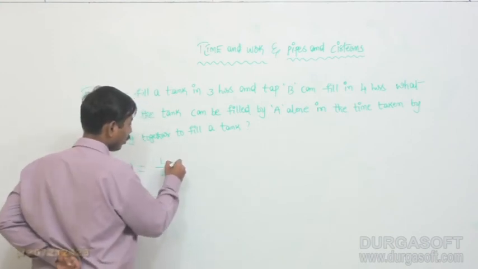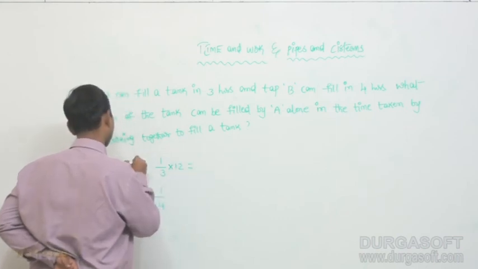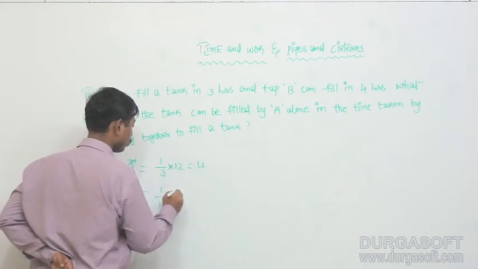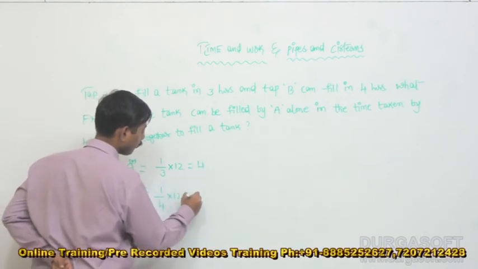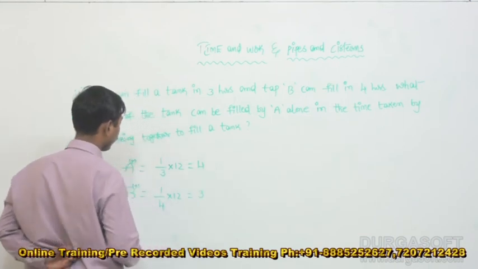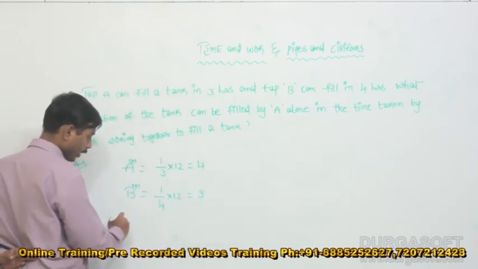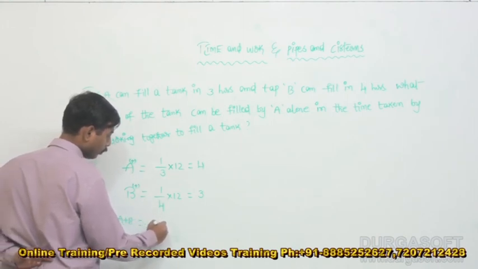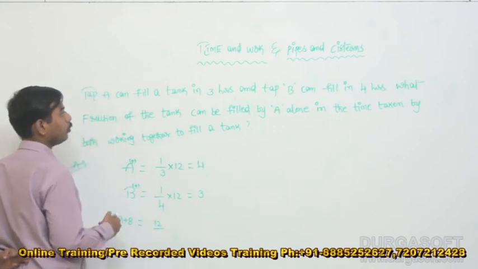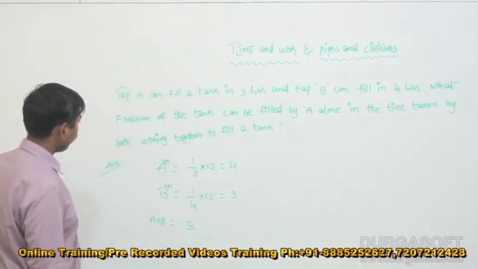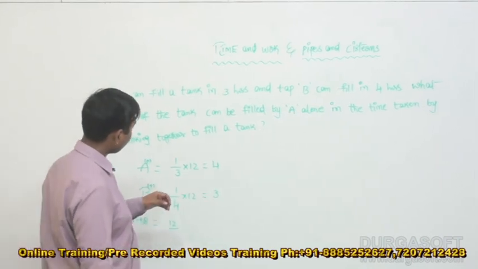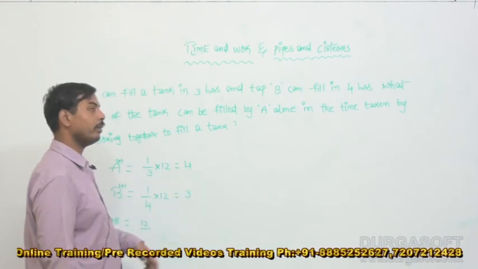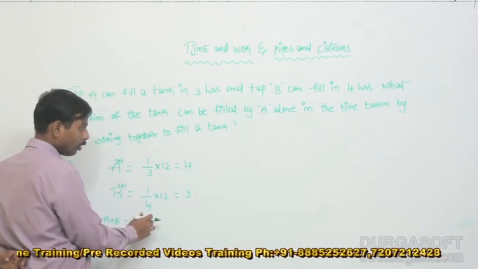Take 12 units as the total, the LCM of 3 and 4. Pipe A fills 4 units of water into the tank, and pipe B fills 3 units. A and B working together fill 4 plus 3, that is 7 units in 1 hour, and the total is 12 units.